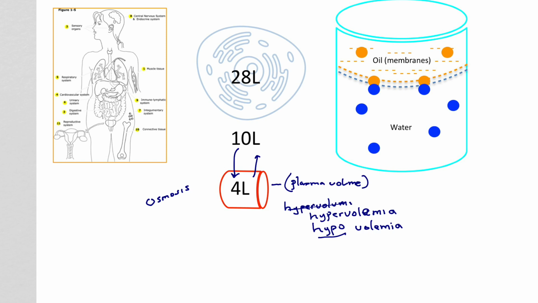Water in the bloodstream also is responsible, or partly responsible, for blood pressure. Okay, so part of the reason why we have blood pressure is due to the presence of water. And blood pressure, as you know, is very important to make sure that all organs, the lungs, the heart, the digestive system, and so on, get optimal perfusion.